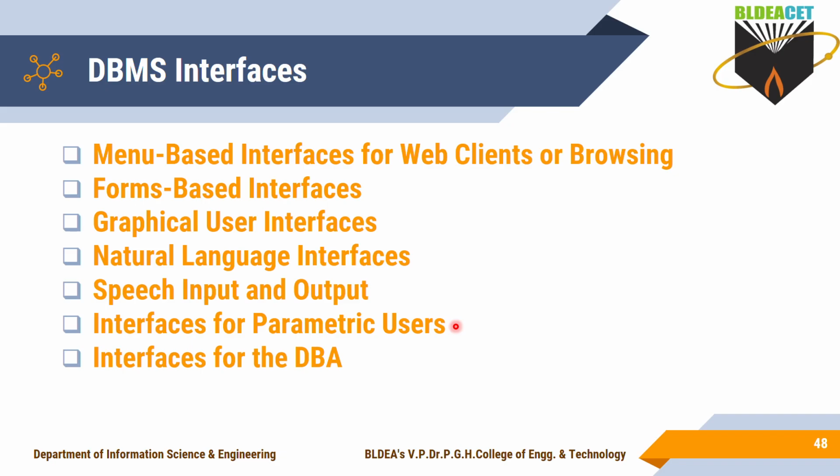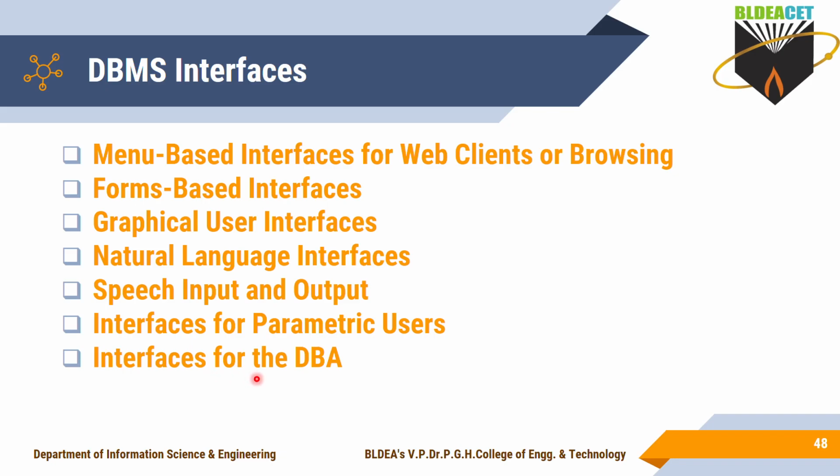Those operations you can get in the form of keystrokes. If you just type one key, you automatically get the deposit information, and using another key you can withdraw the amount. So like that you perform operations, taking the help of keystrokes. That is the interfaces for parametric users.